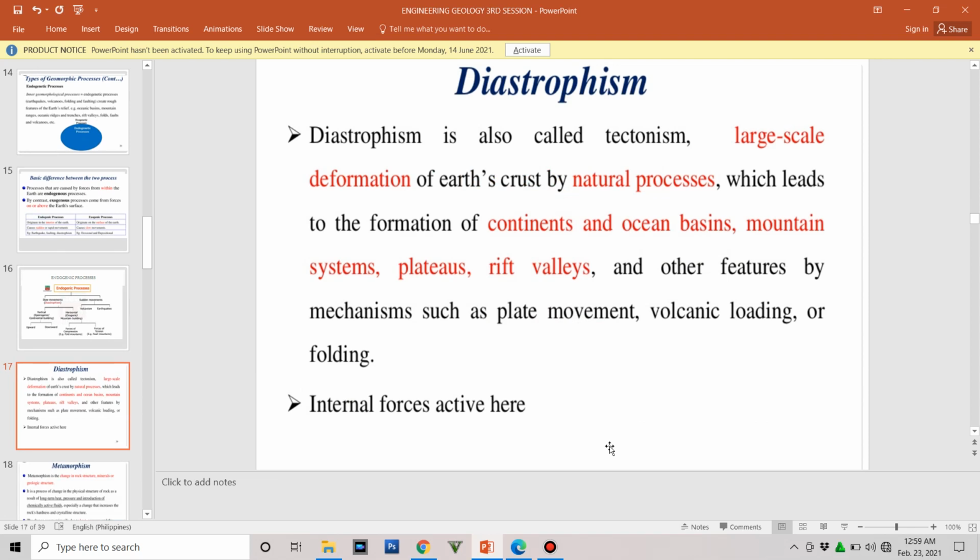So diastrophism is also called tectonism. Large-scale deformation of Earth's crust by natural processes, which leads to the formation of continents and ocean basins, mountain systems, plateaus, rift valleys, and other features by mechanisms such as plate movement, volcanic loading, or folding. So again, the internal forces would be active on this process.